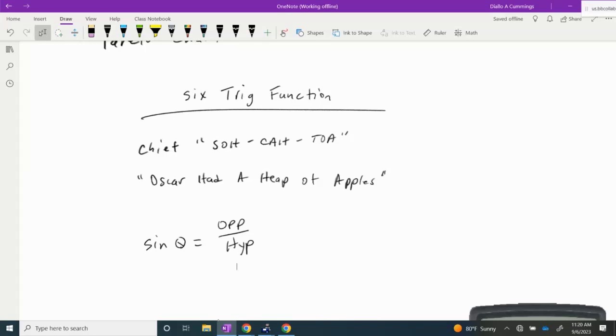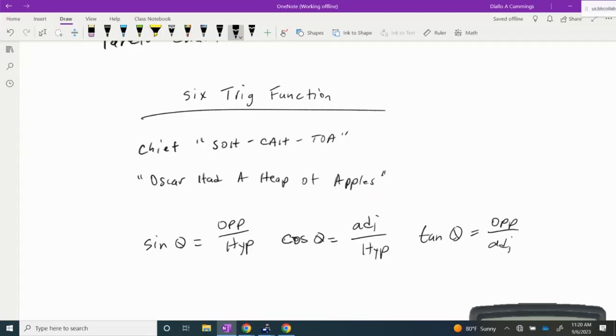The cosine is the adjacent over the hypotenuse. And the tangent is the opposite side over the adjacent side.